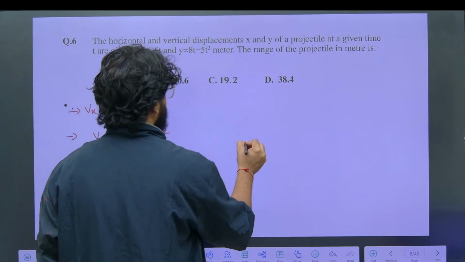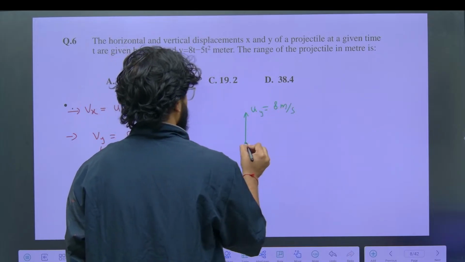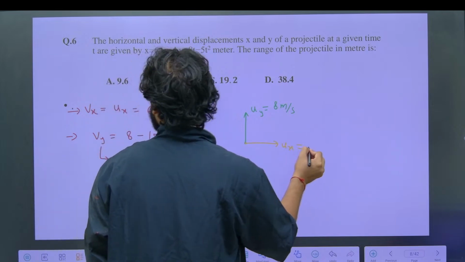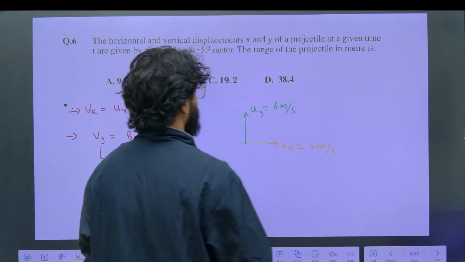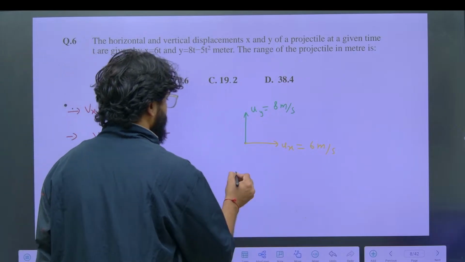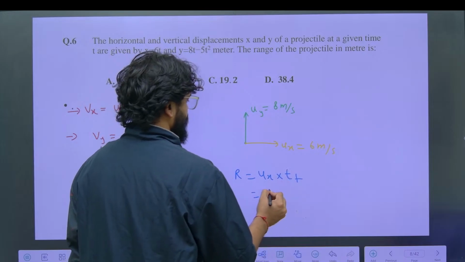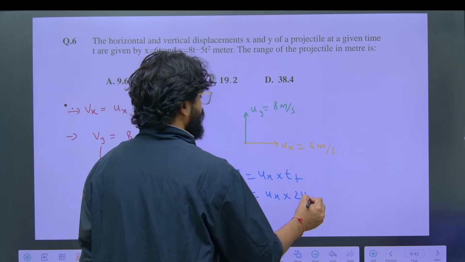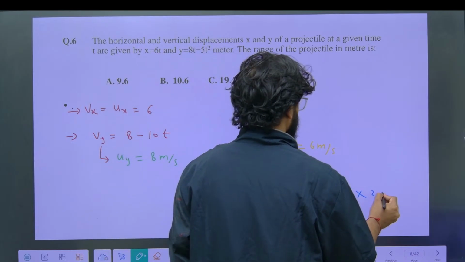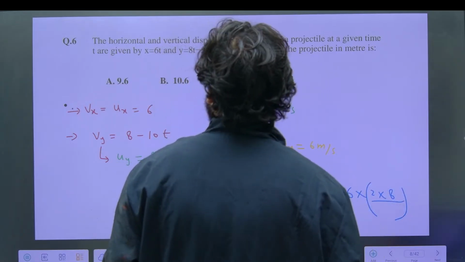So the diagram is something like this. This is uy, which is 8 meter per second, and this is ux, which is 6 meter per second. The range of the projectile is ux into time of flight, and the time of flight is 2uy upon g. So it will be 6 into 2 into 8 by g.